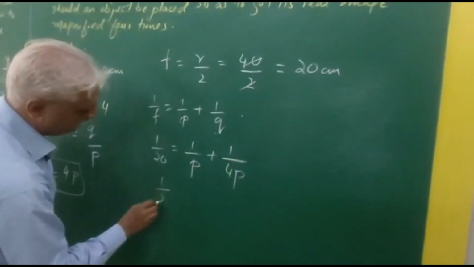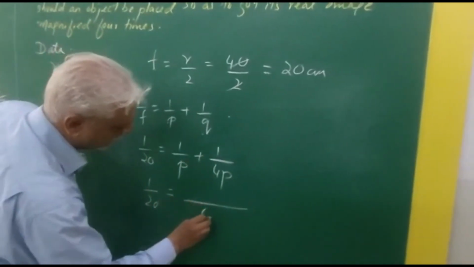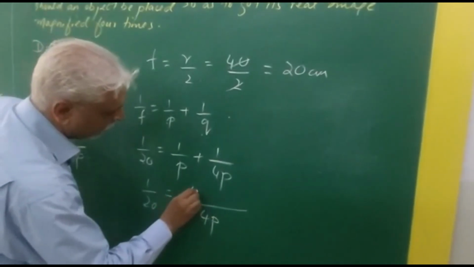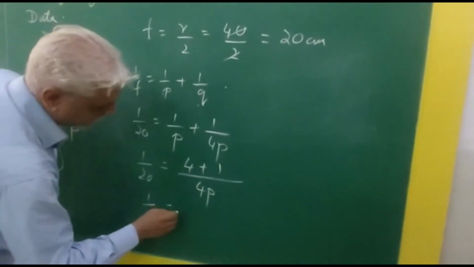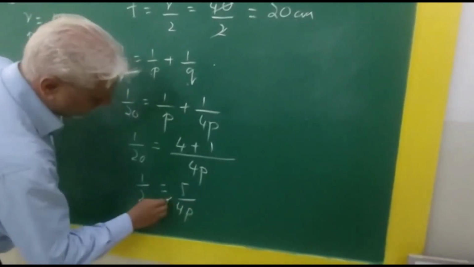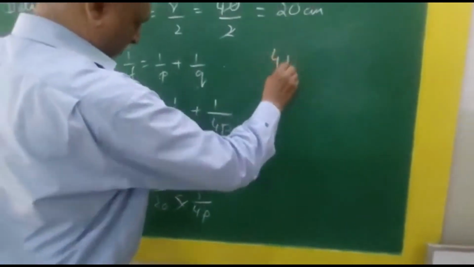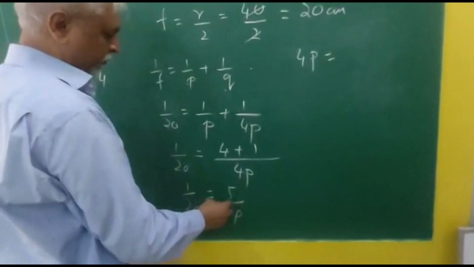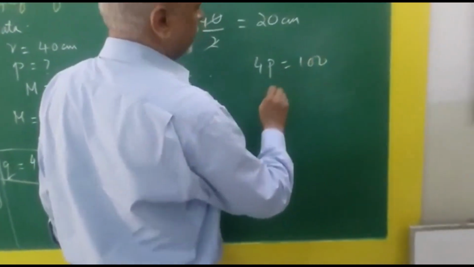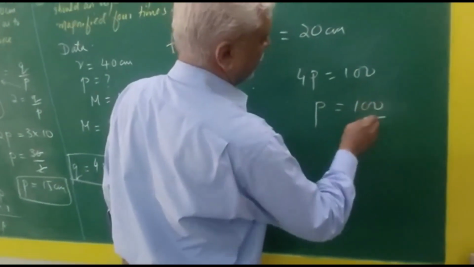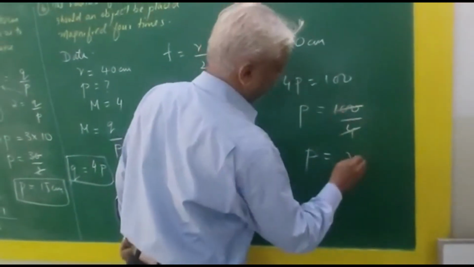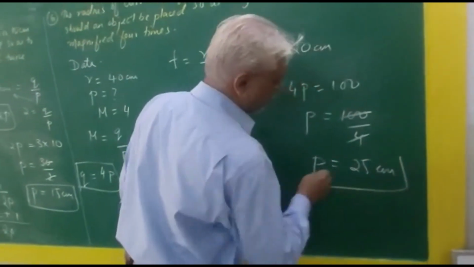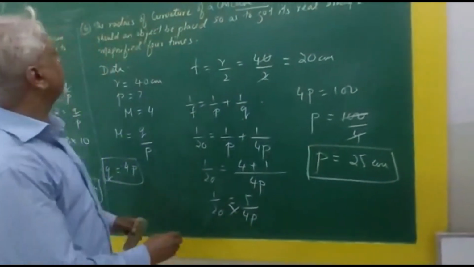So 1 upon 20 is equal to, 4p is your LCM, 4 plus 1, which will give you 5 over 4p. Cross multiply. 4p will be equal to 5 into 20, which is 100. p is equal to 100 upon 4. 4 5s are 20, 25 centimeters is your object distance.